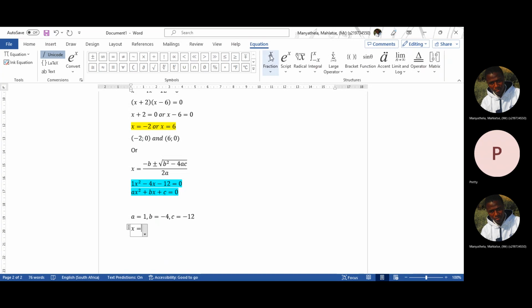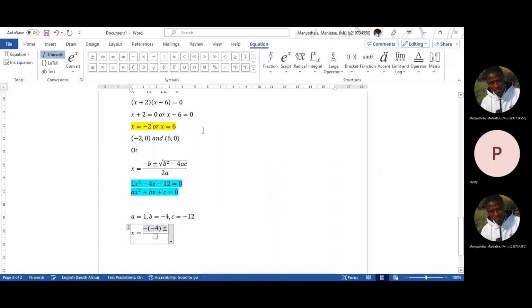X equal to, using the quadratic formula, negative b, so negative of negative 4. One negative is from the formula, and the other negative is the value of b.